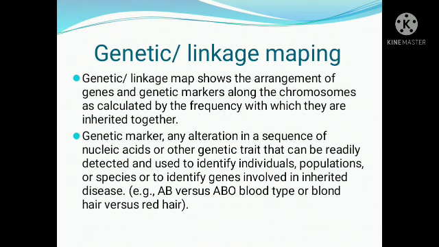So markers can be detected to identify the individual, population and species, and even for inherited disorders. So what is a marker? It is an alteration in the sequence of nucleic acid that may cause a certain disease condition. So here, where is the problematic codon located?